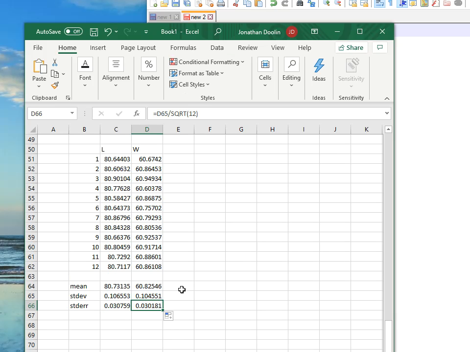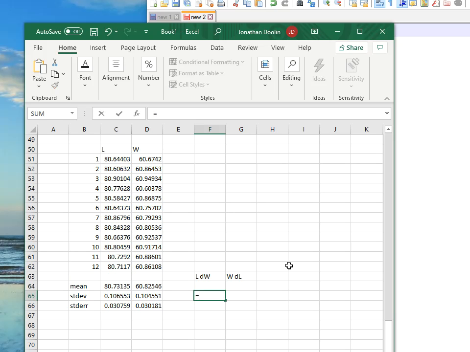Okay, so now I'm going to think in terms of L delta W and W delta L. So we just want two of these, one for the standard deviation and one for the standard error.